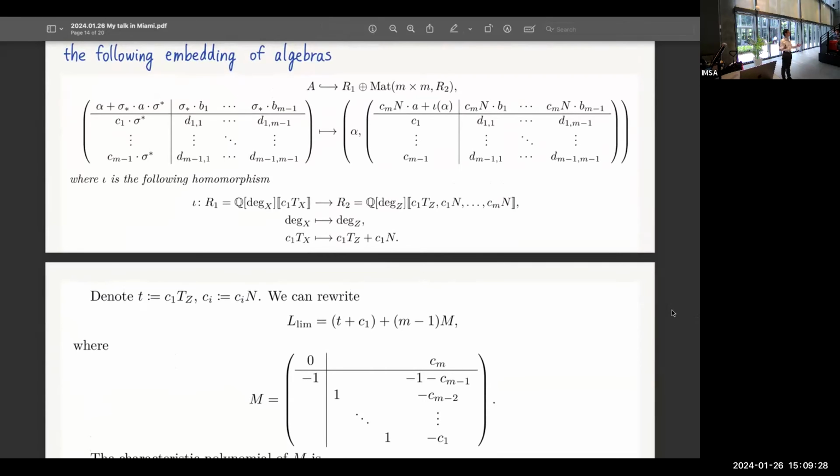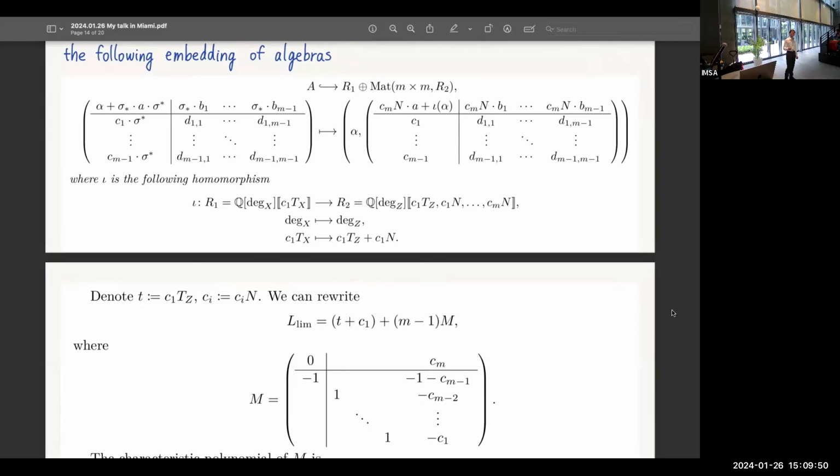So once we can embed our limiting matrix, it was a limiting operator, not really a matrix, now it is eventually a matrix, and we can write it in a better form. There are too many Chern classes, so let's denote C1 TZ by little t and Ci N by little ci.